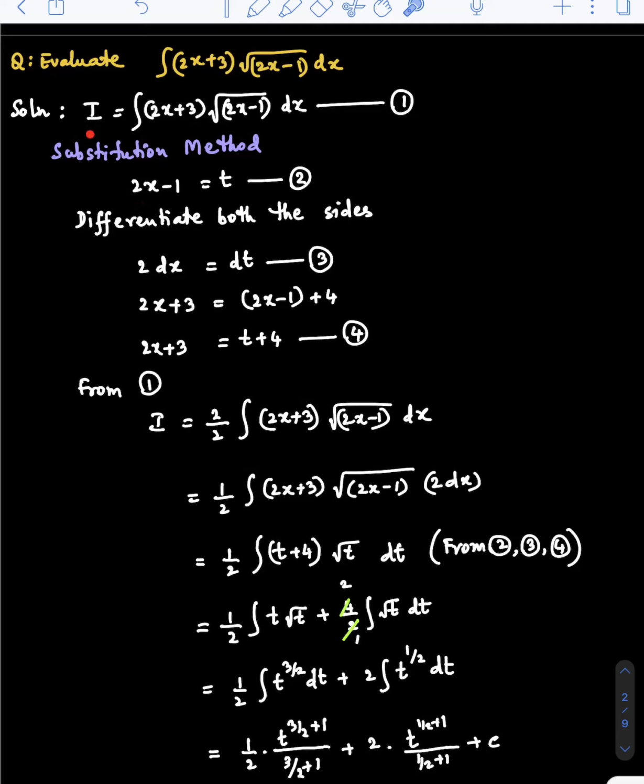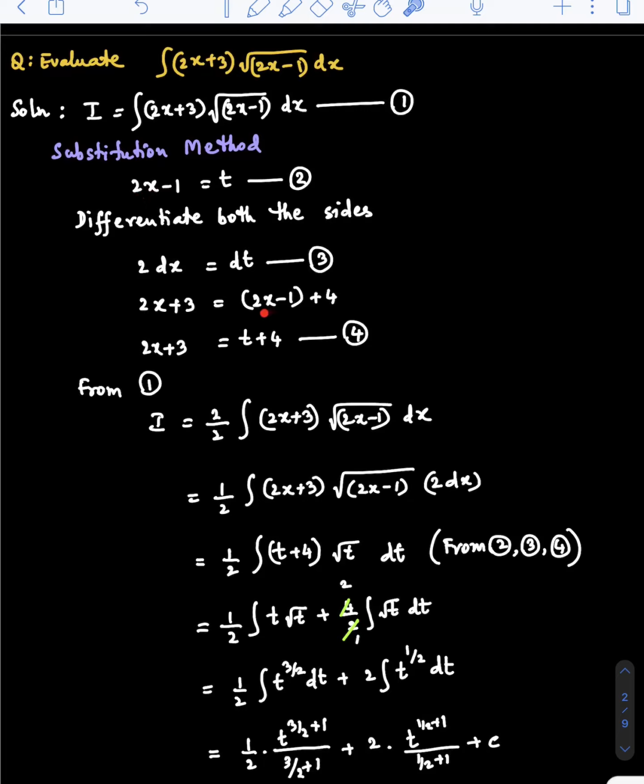This is equation 3. Now what is there in the integrand? This can be changed as t. This can be changed as some dt. But what about this? So we have to think about it. 2x plus 3. See, 2x plus 3. We can write it in terms of 2x minus 1.